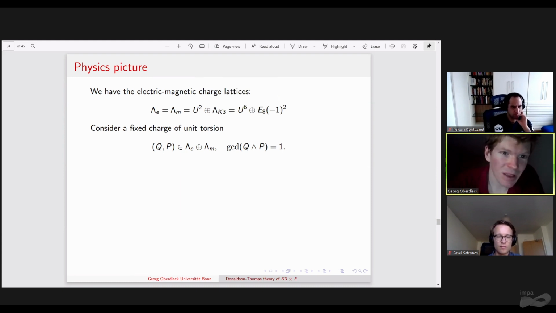So physics says that one considers this fixed electric-magnetic charge (Q, P) in this lattice.